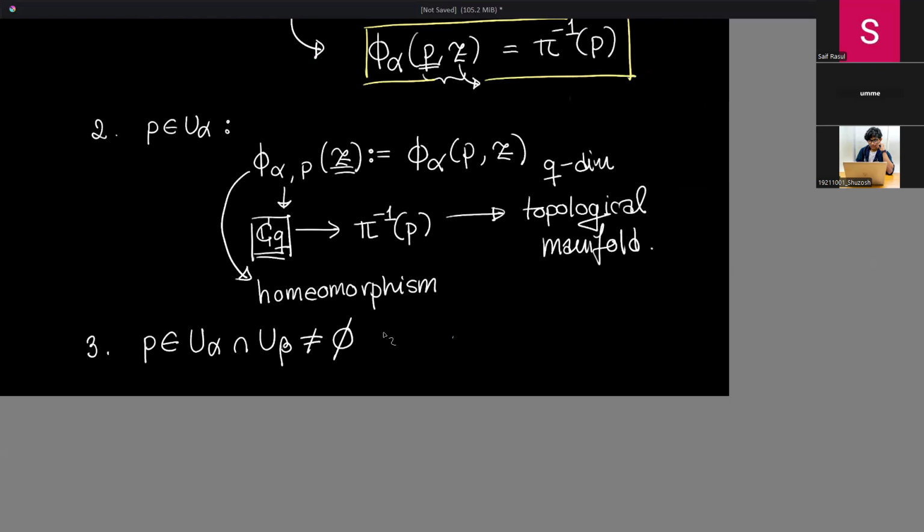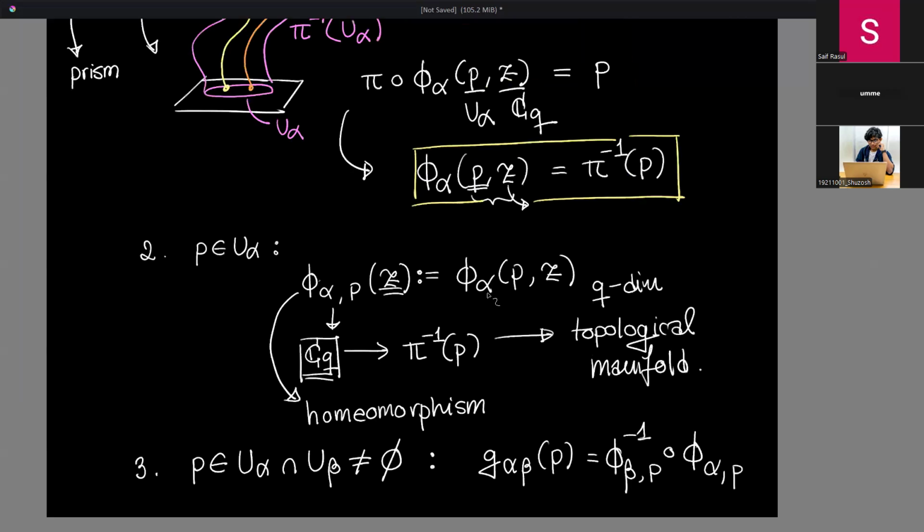So in that case, we have a function g alpha beta of P, which is equal to phi. This is going to look familiar to some of the things that we defined earlier. We're using this definition here.